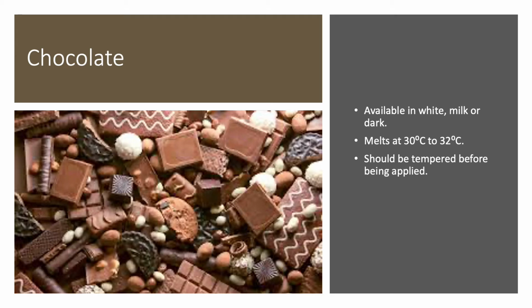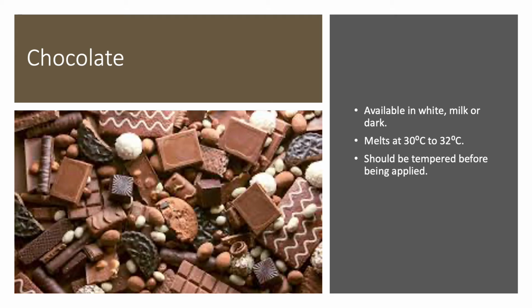Compound chocolate, very easy to use. It comes available in white, milk, dark, and ruby now as well. Melts at about 30 to 32 degrees, and couverture needs to be tempered. So that's where there's that term again, tempering. And tempering, as we discussed, is about bringing a product to the correct temperature.